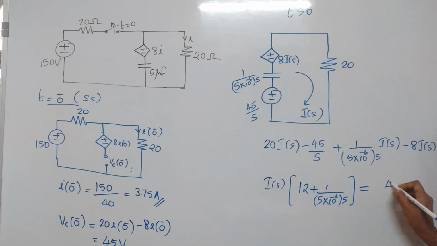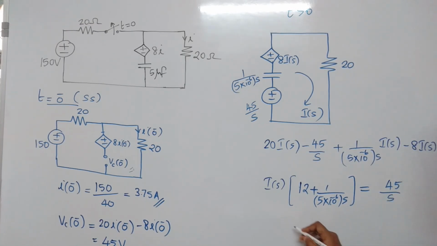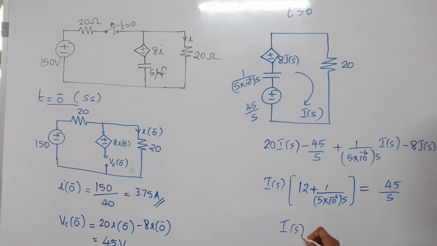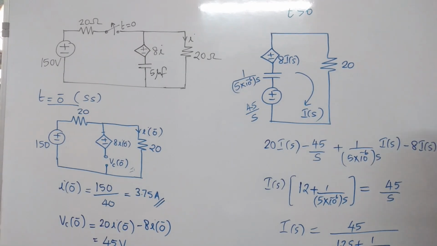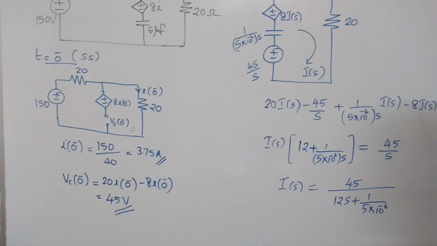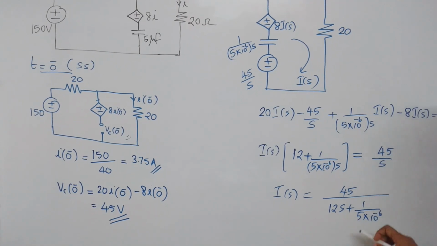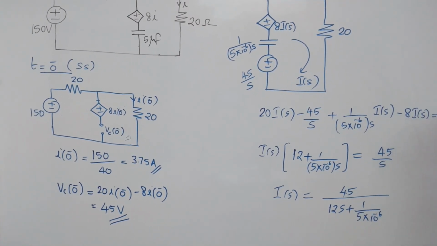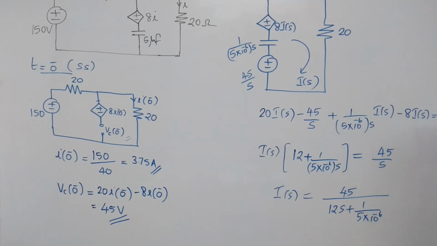equal to 45 by S, or I of S equal to 45 by 12S plus 1 by 5 into 10 raised to minus 6. Now this is in the standard form. We can divide all the terms by 12 and find out I of t.